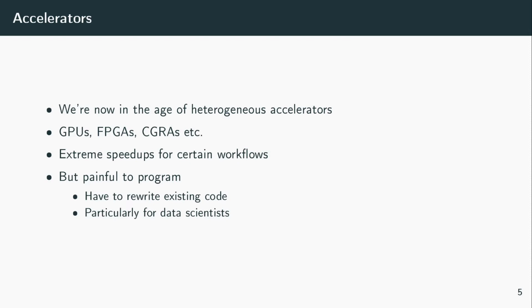And even for people who are low-level programmers, turning their code almost inside out to take advantage of a GPU can be quite tricky. So for this work, we're particularly concerned with making this easy by using GPUs through Python.